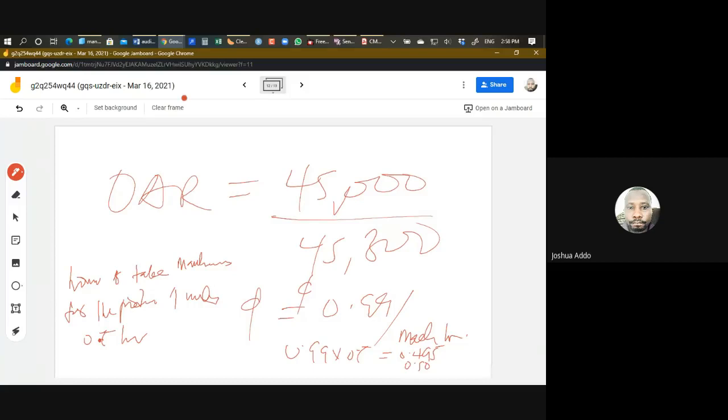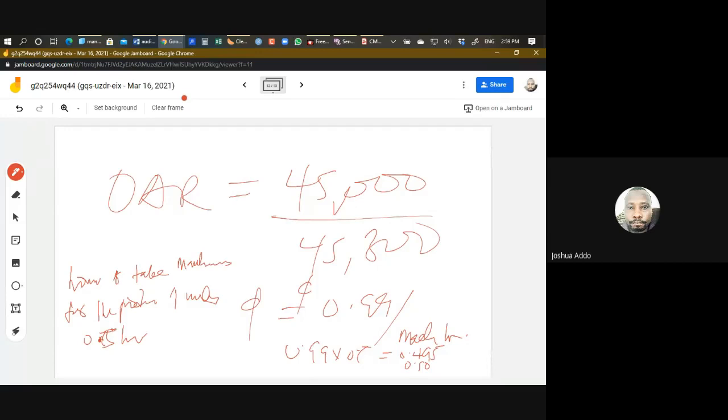If it takes 0.5 machine hours to produce one finished good, we convert the charge per machine hour to charge per unit by multiplying 0.99 by the machine hours it takes to produce one unit.